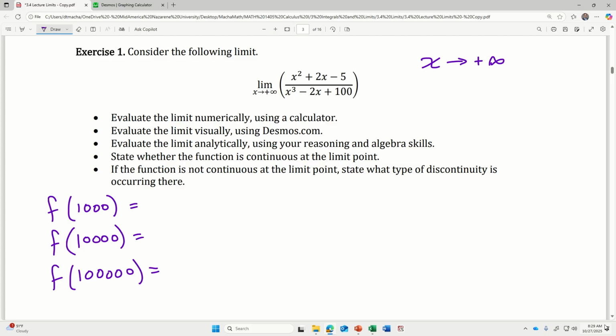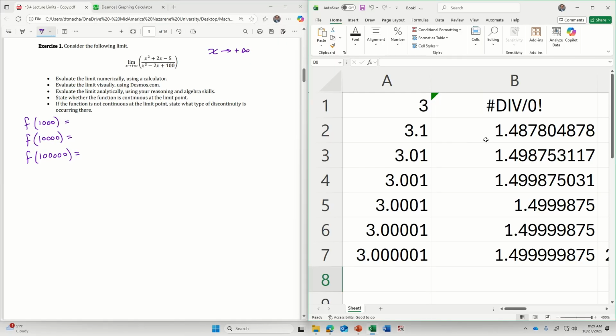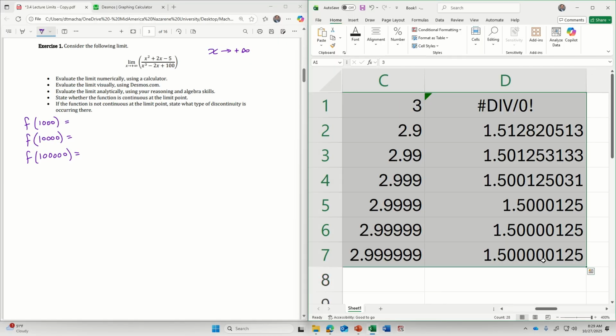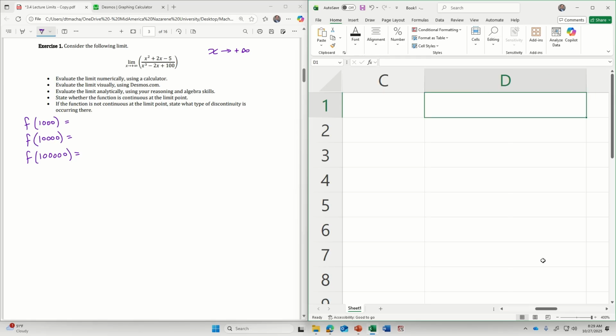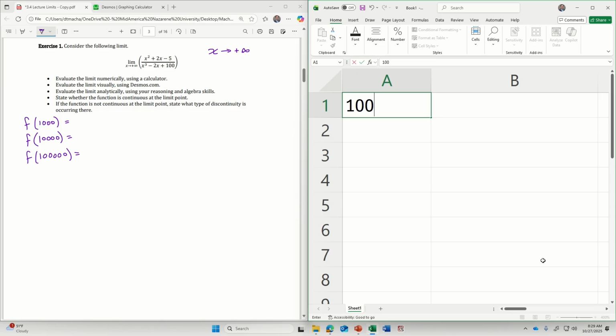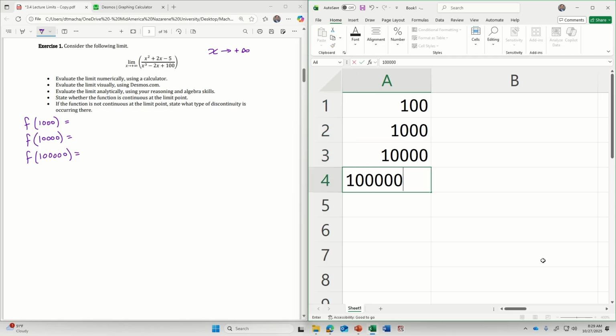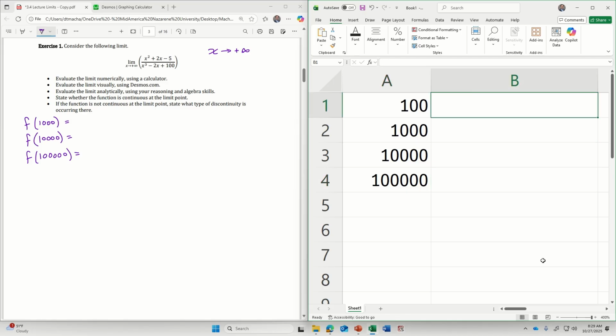And I'm going to try to save class time. I could plug this in my calculator, or I could just use Excel and to save class time, we'll just figure out what Excel has to say about this. Obviously, I can't plug in x equals infinity, but I can plug in x equals 100, 1,000, 10,000, 100,000, and so on.